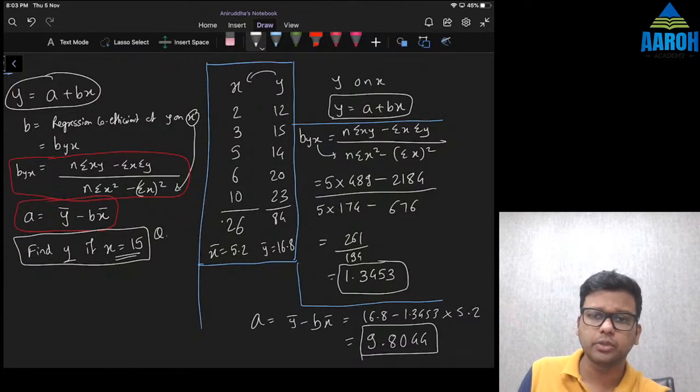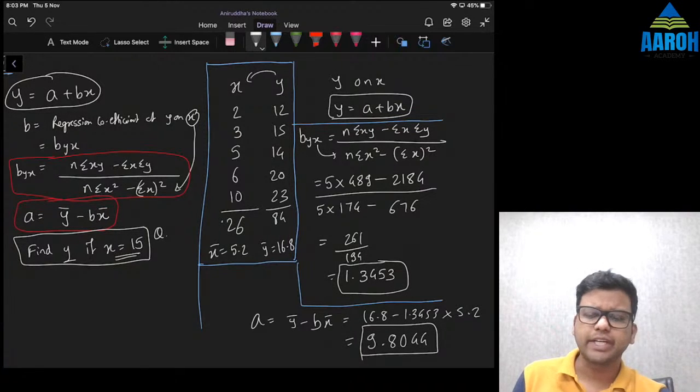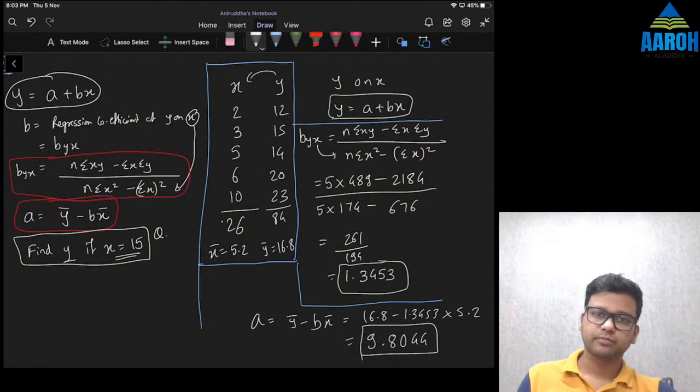Correct, Sukanya, Akash, Rishraj. Check if you are getting A also. Correct, Vishwajit.